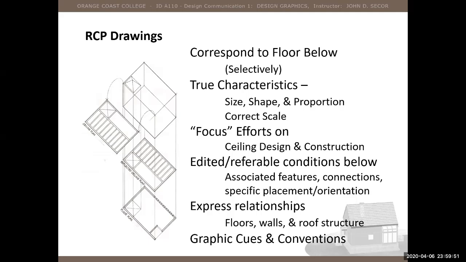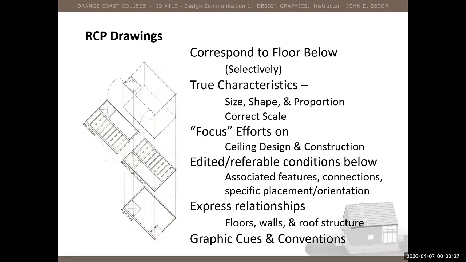Since lighting tends to be ceiling mounted, we use the reflected ceiling plan as a vehicle for illustrating how we want the lighting to function by placement and by orientation and some other design criteria. So things that need to be seen, or that have a relationship to the ceiling or to lighting, need to have connections that make sense.